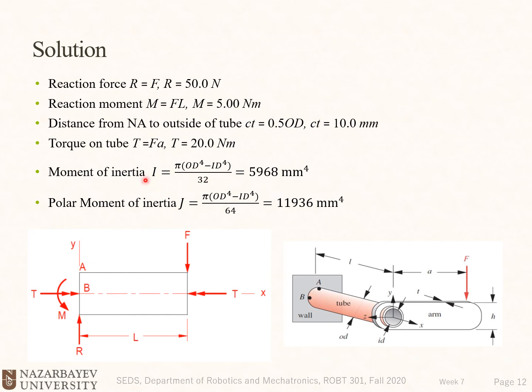Again, you could refer to the appendix of this book for different cross sections, and polar moment of inertia J is twice I for this hollow circular cross section. Okay, so we've done the force analysis, and we calculated some geometrical parameters. Now we could continue with the stress analysis.